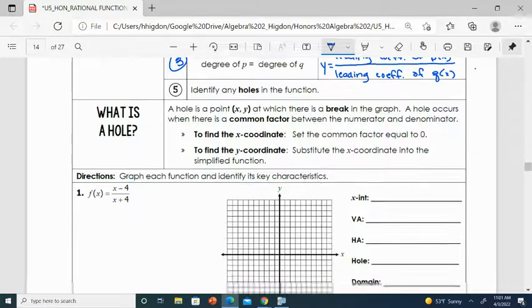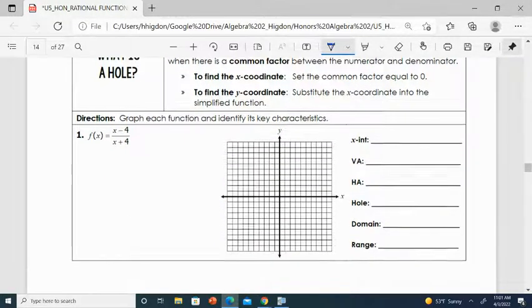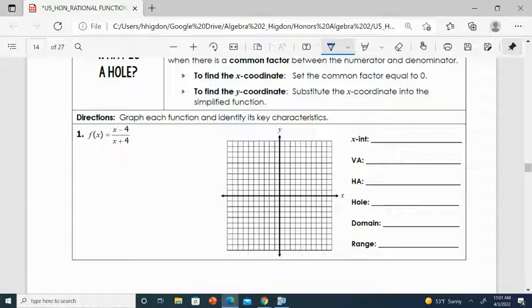Let's first look at example number 1. The directions here are telling us to graph each function and identify its key characteristics. So step number 1, again, is telling you to simplify. And in example number 1, there is no factoring that we can do. There's no simplifying that can be done.